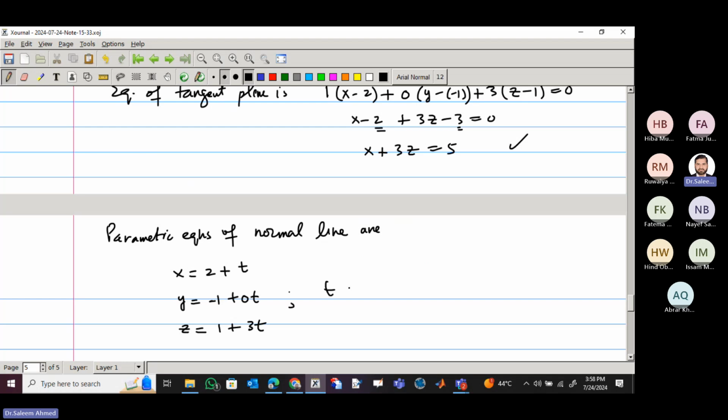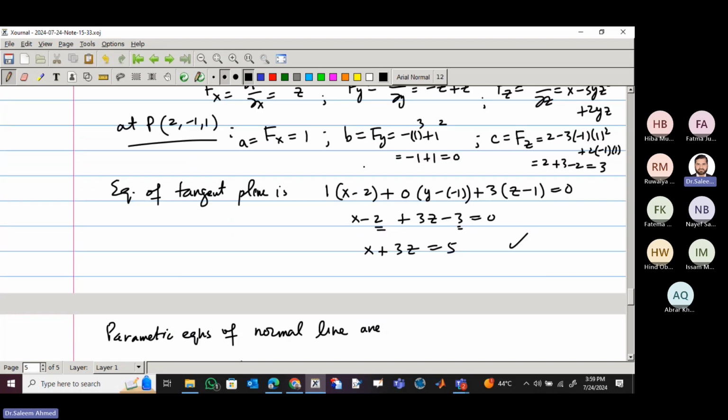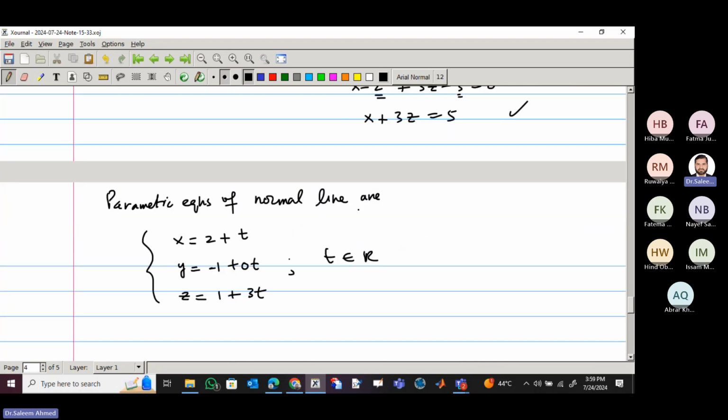That's it, t belongs to R. Just a one step answer. Because I have a, b, c as 1, 0, 3, I wrote 1, 0, 3 here with x naught, y naught, z naught. I just replaced the values and got the equations of the normal line.